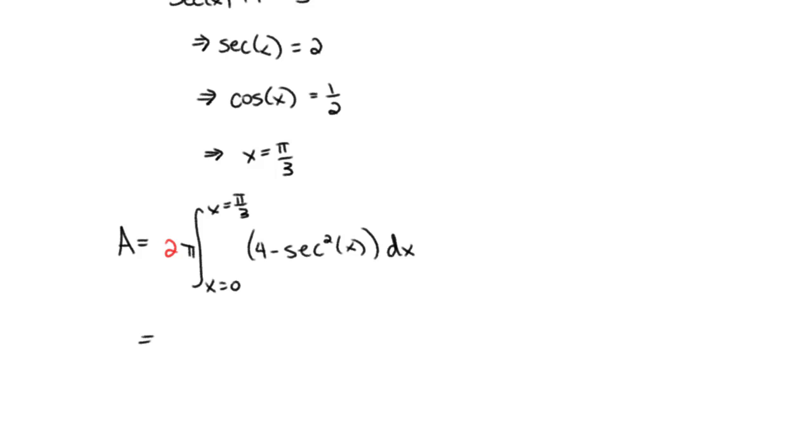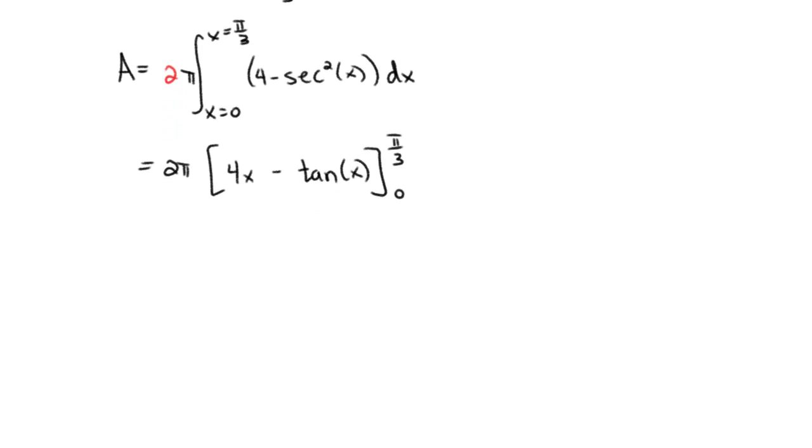The rest of this is just integration, right? Integral of 4 is 4x. The antiderivative of the secant squared is a tangent. And we're evaluating from 0 to pi over 3. 2 pi times the quantity 4 pi over 3.